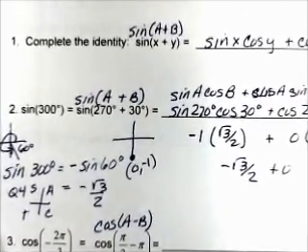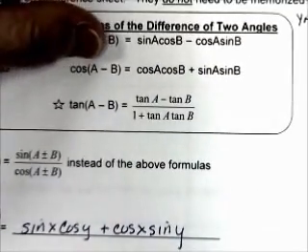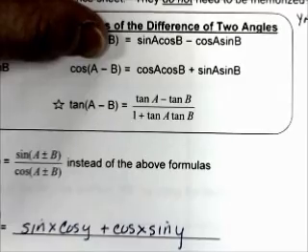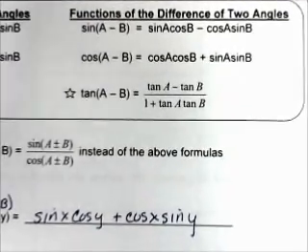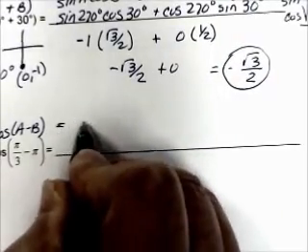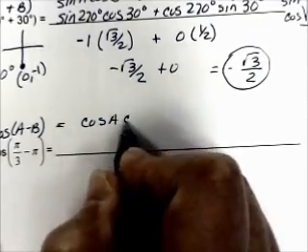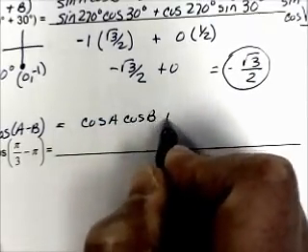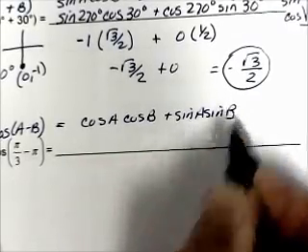We look up at our formula. Cosine of a minus b is cosine a cosine b plus sine a times sine b. So let's make our substitutions. That's equal to the cosine of a times the cosine of b plus the sine of a times the sine of b.